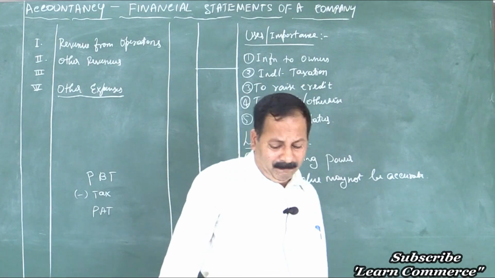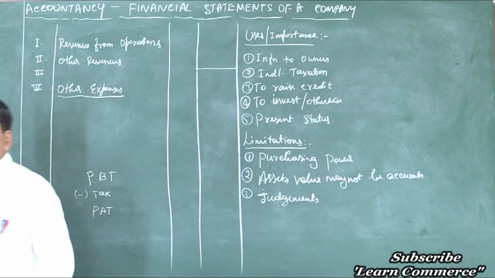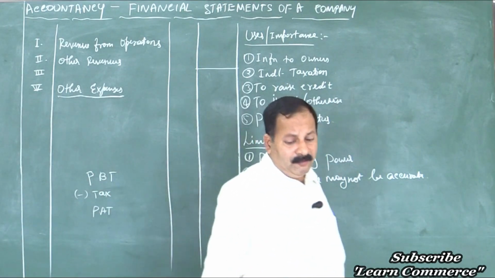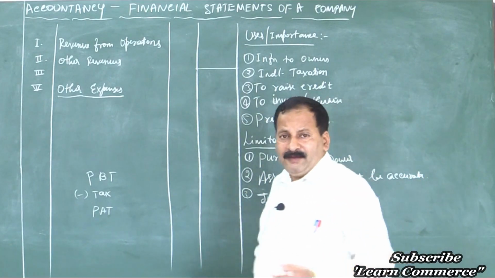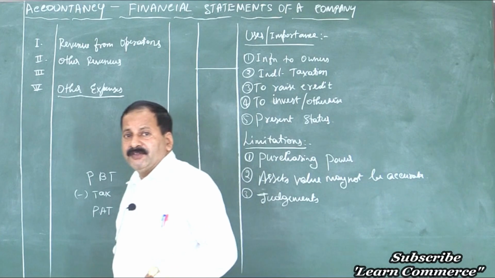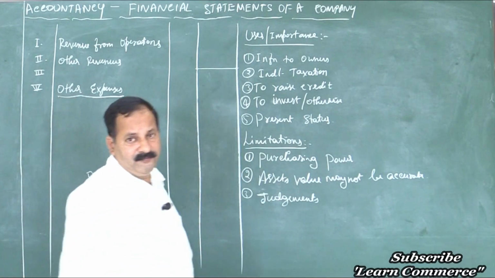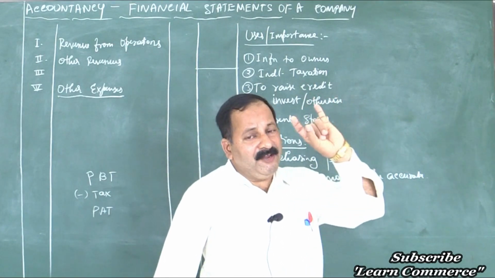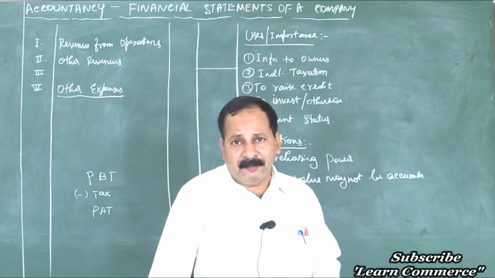Actually friends, repairs to machinery, if it is a huge amount or after repairing the machine will give you more output than the original output, then you can capitalize it. You can add it to the machinery in the balance sheet, showing additions and the total amount. But here nothing is mentioned, maybe minor repair.